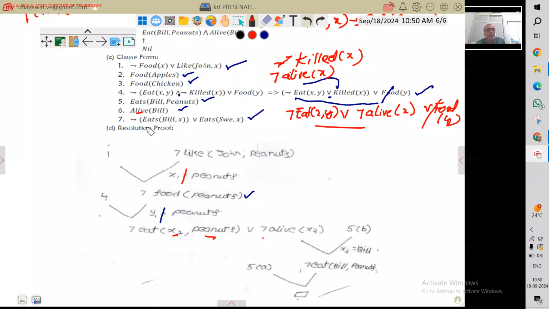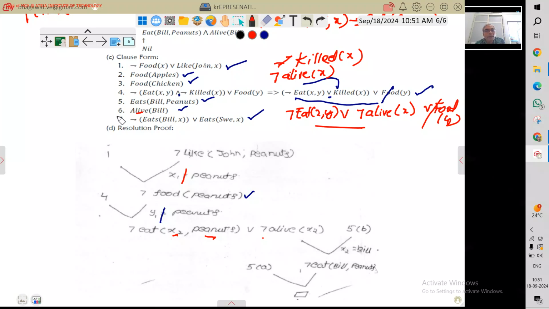Now again we can take the fifth one and try to cancel. Here we have added the separate predicate so that now we can try to resolve, and we get alive of Bill.